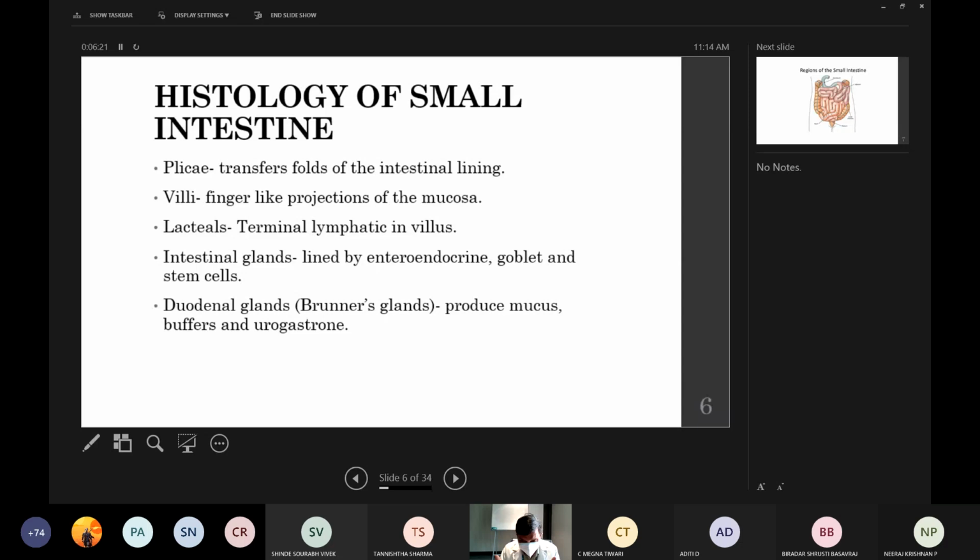In between the bases of the villi there are glands, called the intestinal glands. These glands are lined by enteroendocrine cells, goblet cells and stem cells. There is also a duodenal gland in the initial part of the duodenum, which produces mucus and urogastrone.